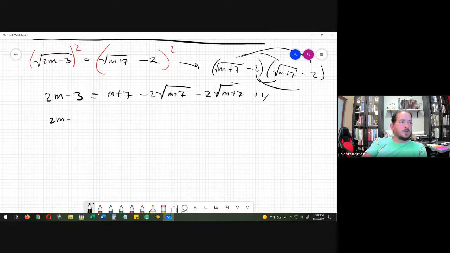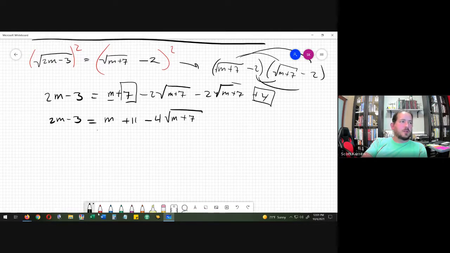So I'll clean it up a bit here. I've got 2m minus 3 equals m plus 11 minus 4 root m plus 7.